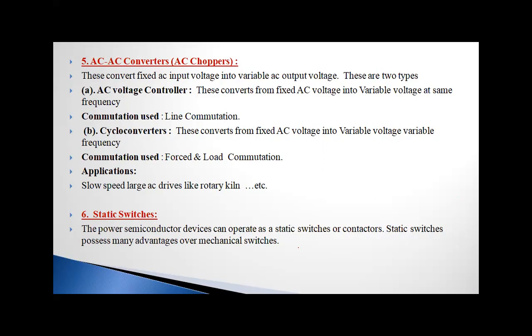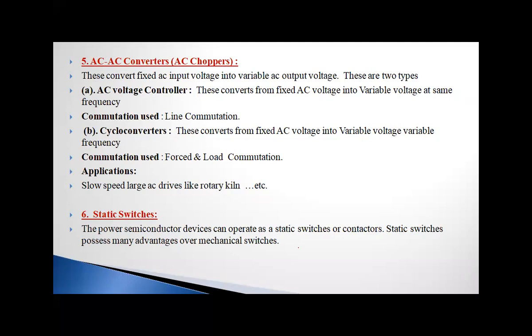Okay, so what is the function of AC to AC converters? Fixed AC into variable AC. The AC to AC converter will convert from a fixed AC input voltage into a variable AC output voltage.